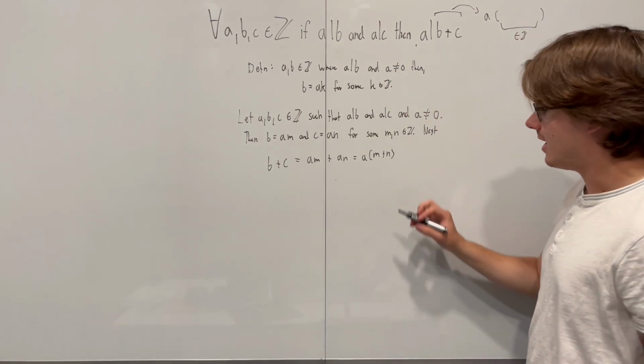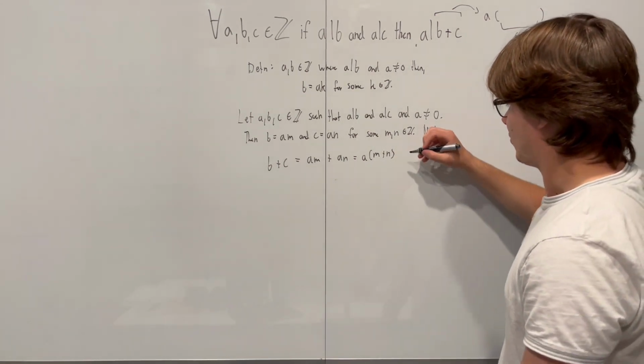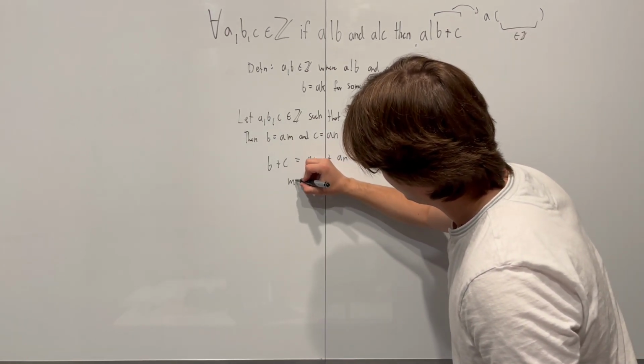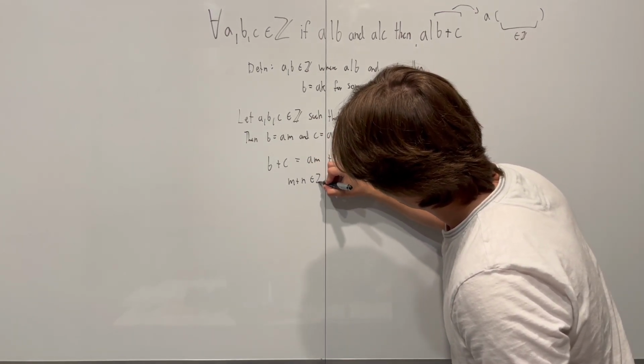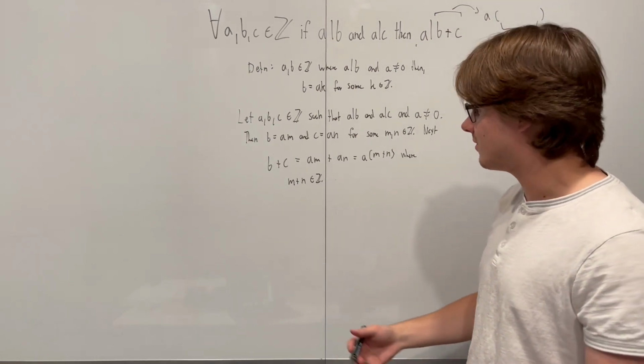And all we have to do is say, hey, m and n are both integers, which means the sum of them also has to be an integer. So we have to say where m plus n is an integer. So now we can conclude our statement is in fact true.